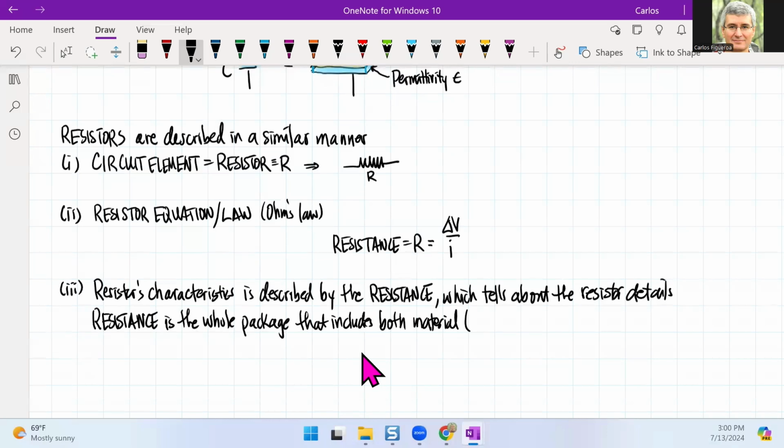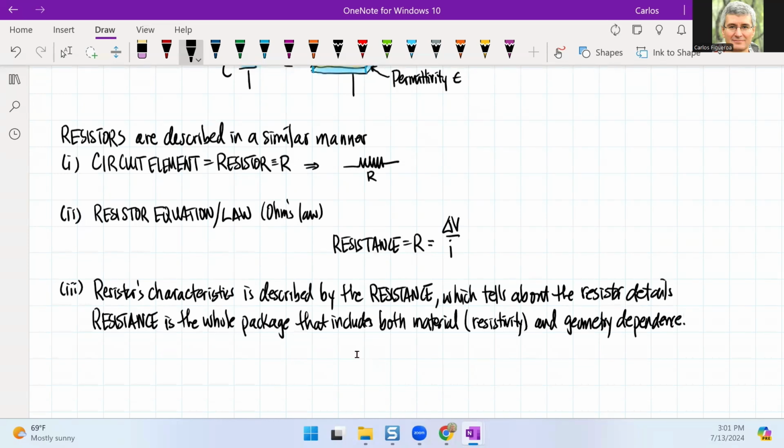And when we studied the material, this was the resistivity. If we had not talked about resistivity separately, I wouldn't have done this. And the geometry dependence.